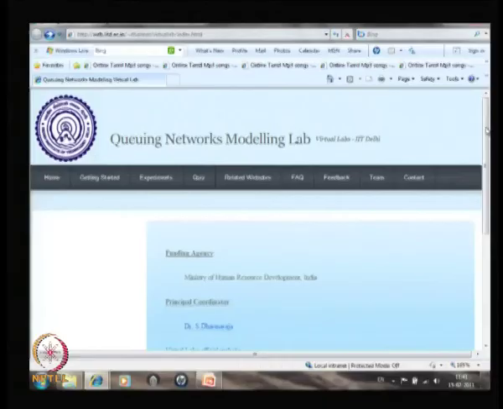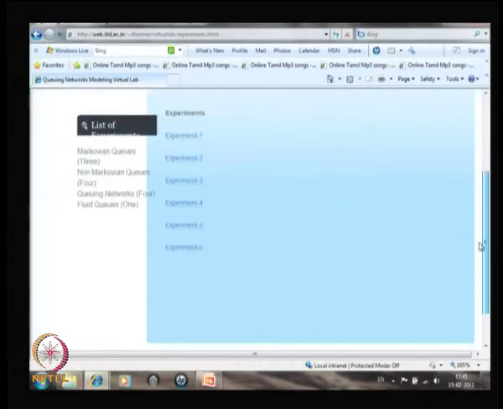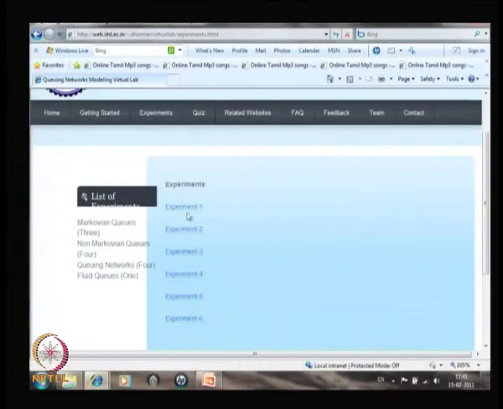So in this queuing network modeling lab, one can do discrete event simulation, and the discrete event simulation for the queuing network involves Markovian queues. We can do some experiments over the Markovian queues, and we can do the discrete event simulation for the non-Markovian queues, and one can do the discrete event simulation for the queuing network also, and finally one can simulate the fluid queues also.